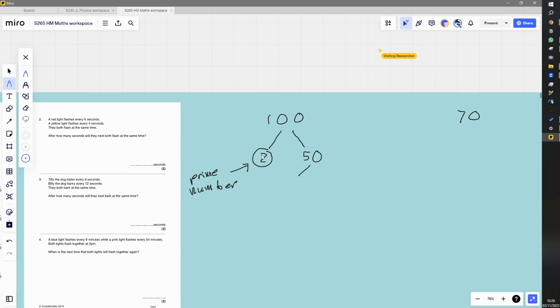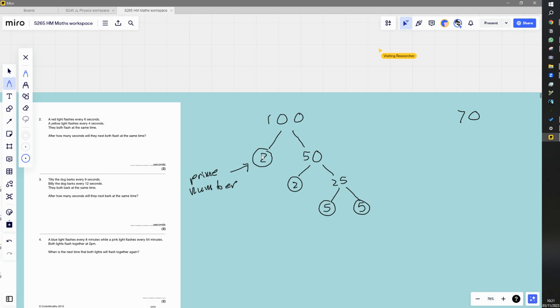So 50 can also be divided by 2, which we know is a prime number, so we circle it. And when we divide it by 2, we get 25. So 50 is not a prime number. 25 is also not a prime number because I can divide it by 5. And when I do, I get another 5. 5 times 5 is equal to 25. 5 is a prime number because I can't go any further.